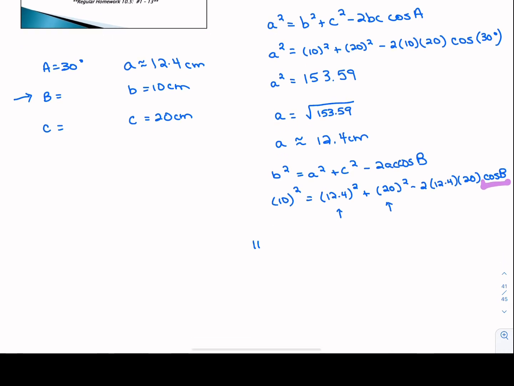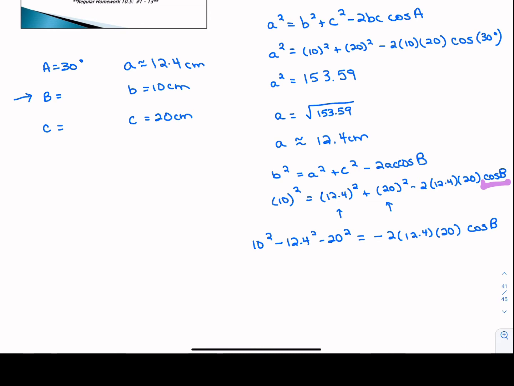So then we'll get 10 squared minus 12.4 squared minus 20 squared, and that's going to be equivalent to negative 2 times 12.4 times 20 multiplied by the cosine of angle B.